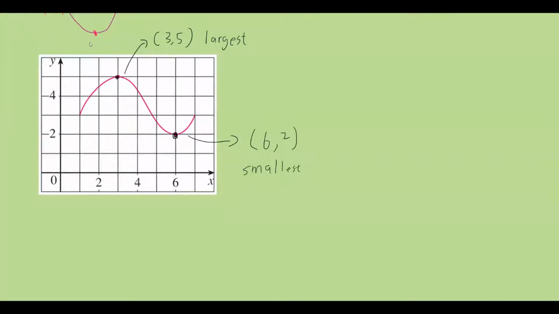What we're interested in is, given some function f of x, how do we find these types of points where you have the largest value or the smallest value? This says f of 3 is equal to 5, and here f of 6 is equal to 2.